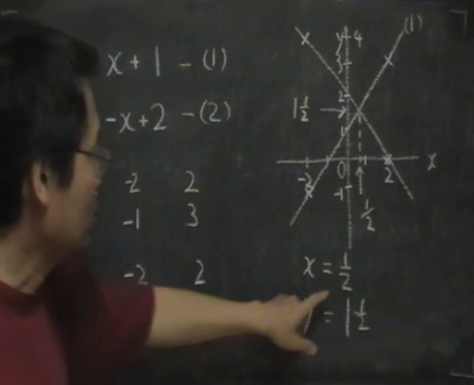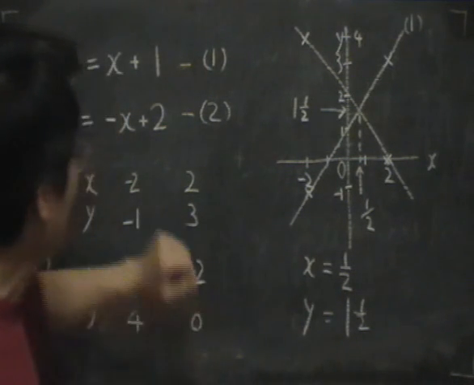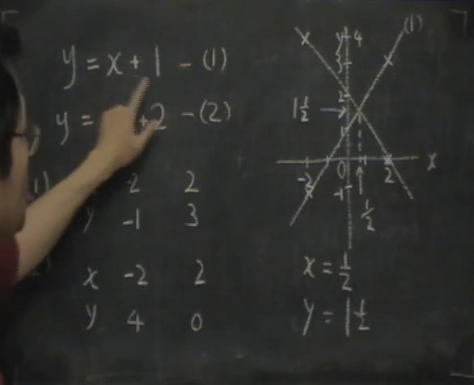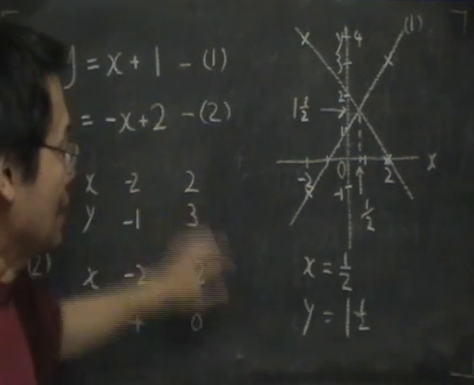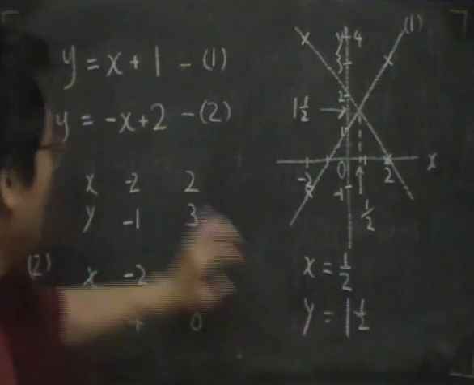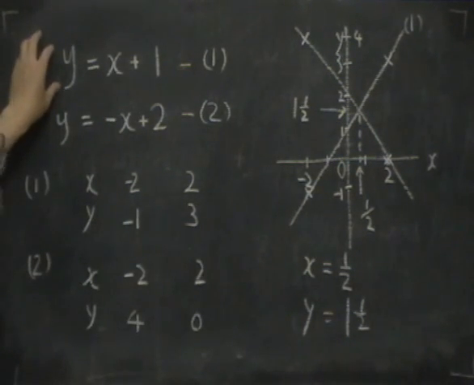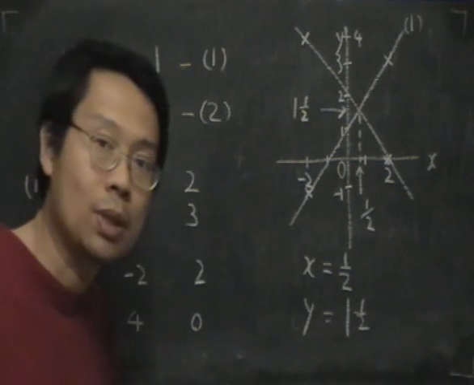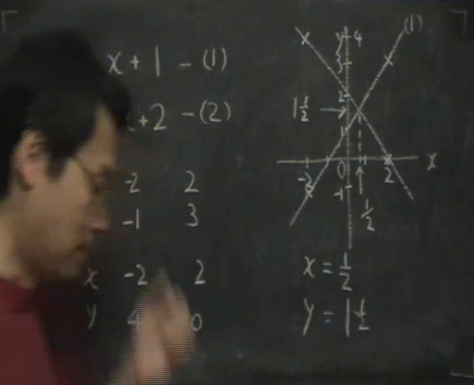So let's try that. If x is half, the right side of that equation is half plus 1, which is 1.5. And y here is 1.5, so the left side is 1.5. So therefore 1.5 is equal to 1.5. So it works.